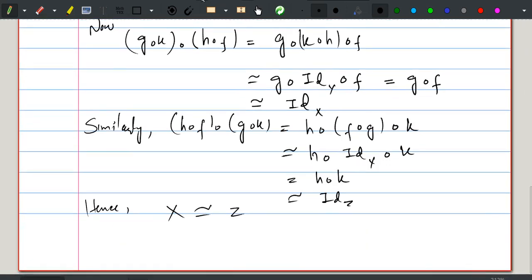Next, we are going to define contractible spaces.